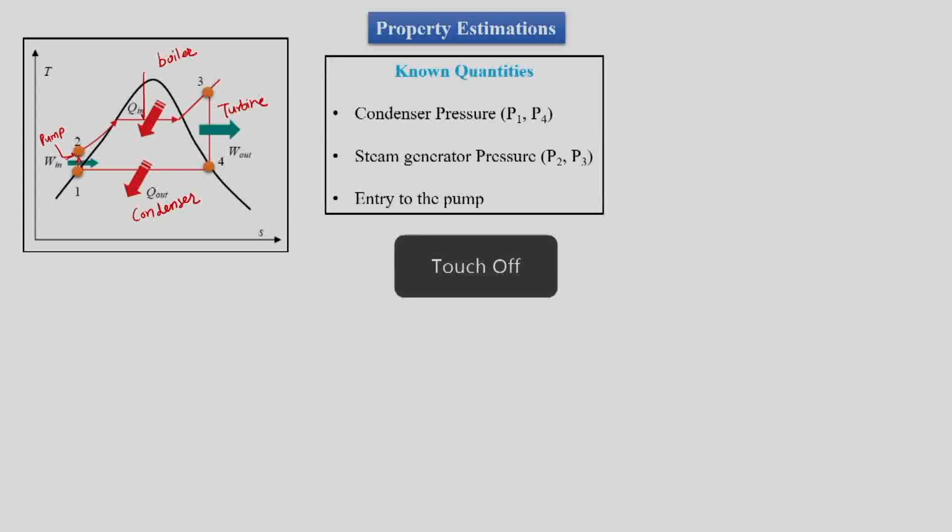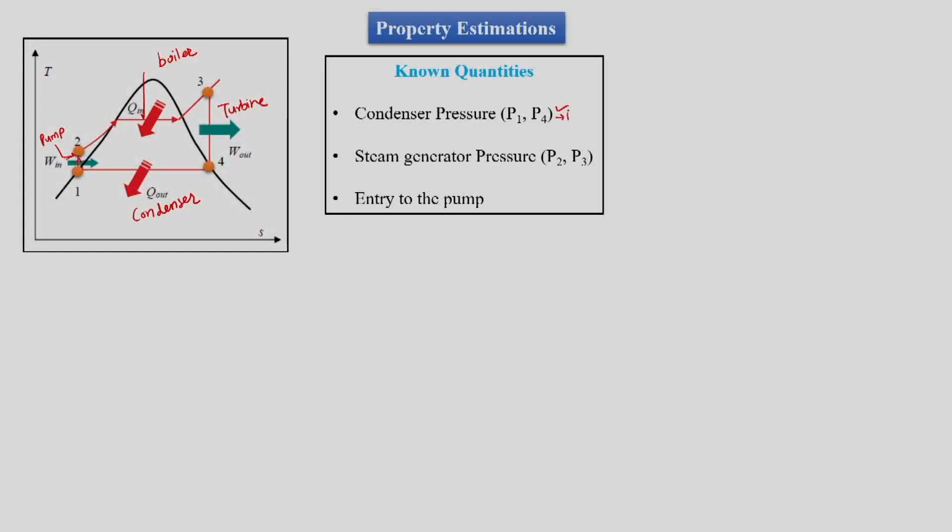Now what would happen when we are working with a steam power plant? The most general thing which we would know is the condenser pressure, which is P1 and P4. Line 4 to 1 is an isobaric process, so it has pressure either P1 or P4, rather P1 is equal to P4, and this pressure would be known to us.